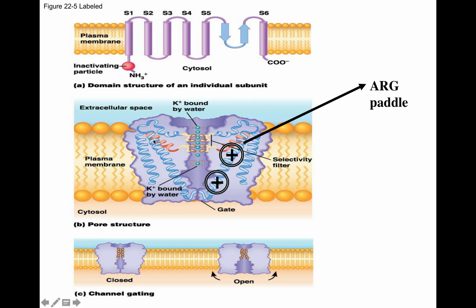And because they're connected to the rest of the protein, it changes shape. And so you go from a closed structure at rest that looks like this to an open structure because of this shift in the arginine paddle, and that shift is caused by a change in the membrane voltage, and the arginine is reacting to that change.